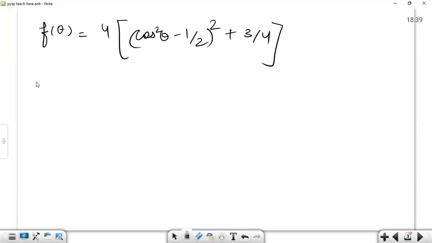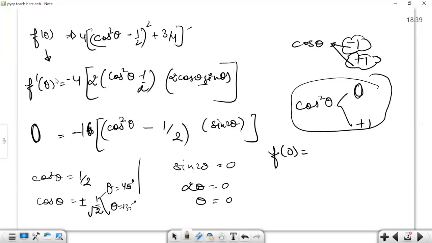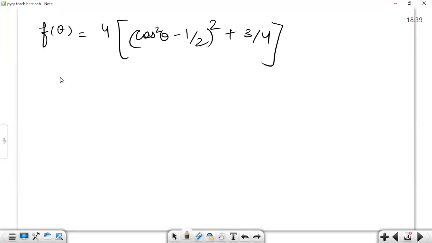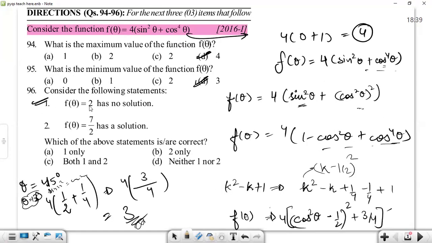So this was our function. Now it is given to us that in the first statement f of theta is 2 and theta has no solution.